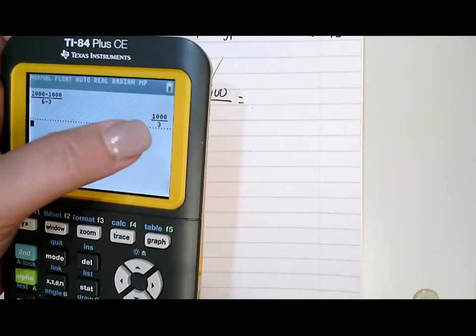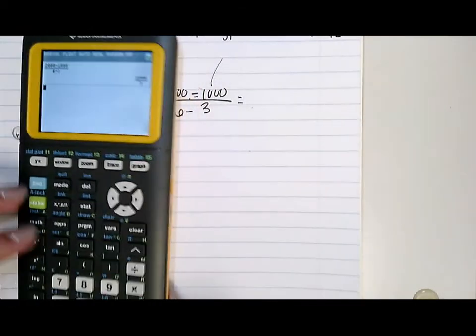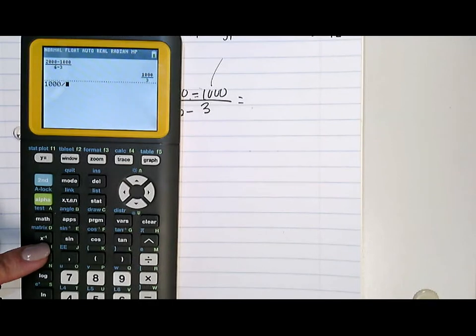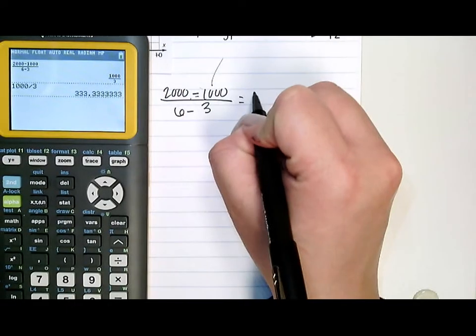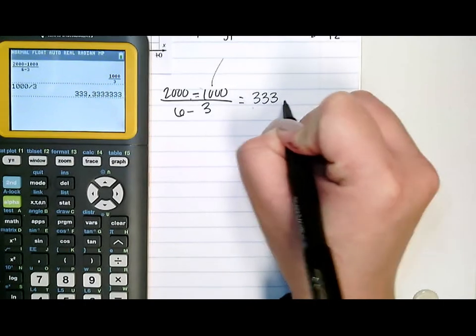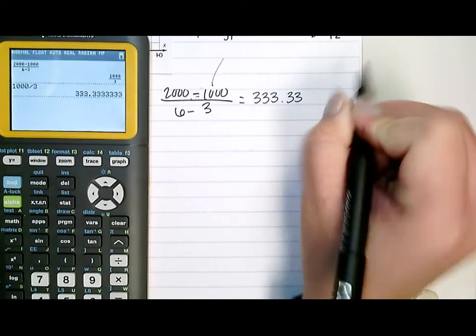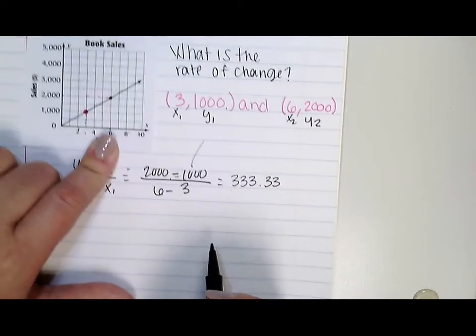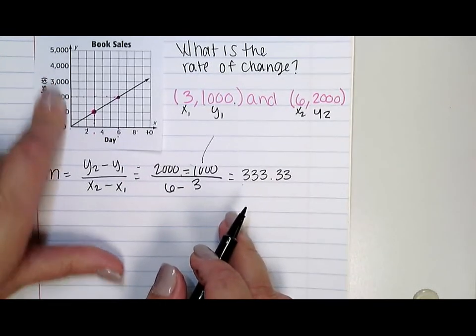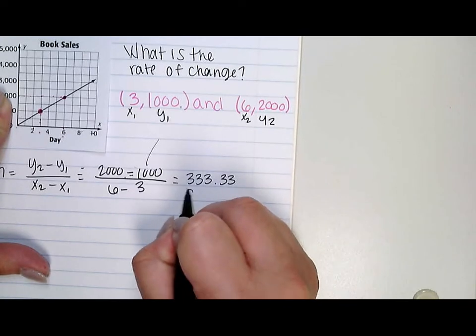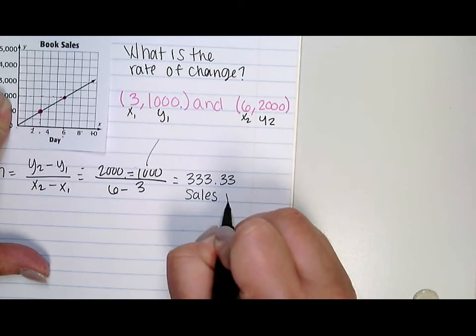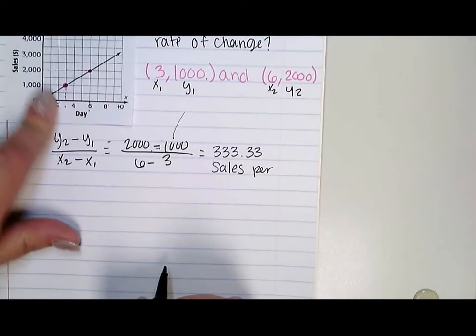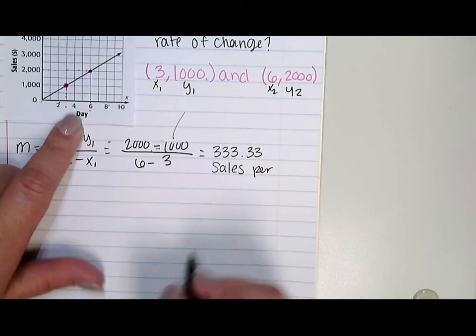So remember, we're going to convert that into a decimal. 333. And that 333 means sales, because that's the Y, sales per what? Per day.